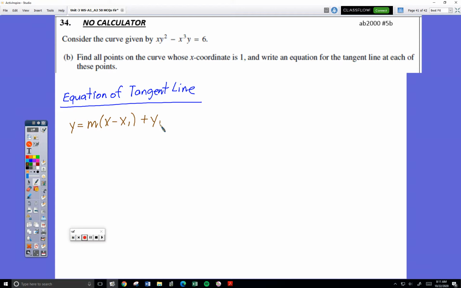Make sure I'm not going too fast for you to make notes. Okay. This is the slope of the line.